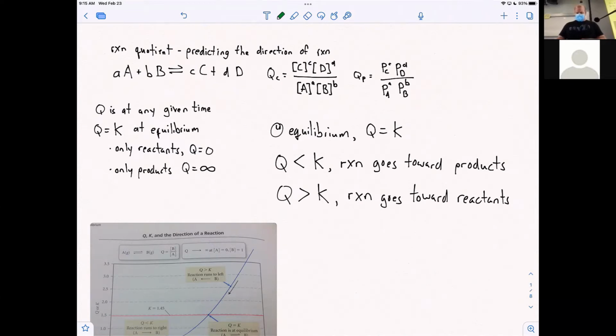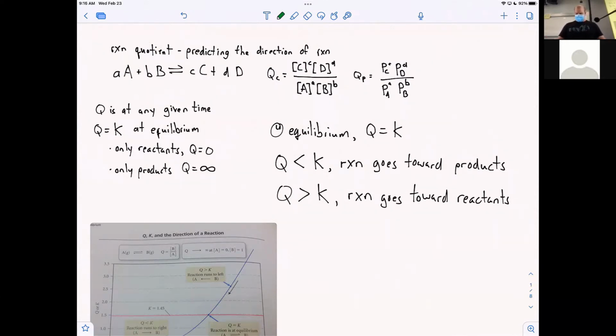If Q is a big number, that means the numerator, the top number, is too big and the bottom number is too small. The top number is too big, that means we have too many products. If we have too many products, the reaction is going to shift towards the reactants, to shift left.